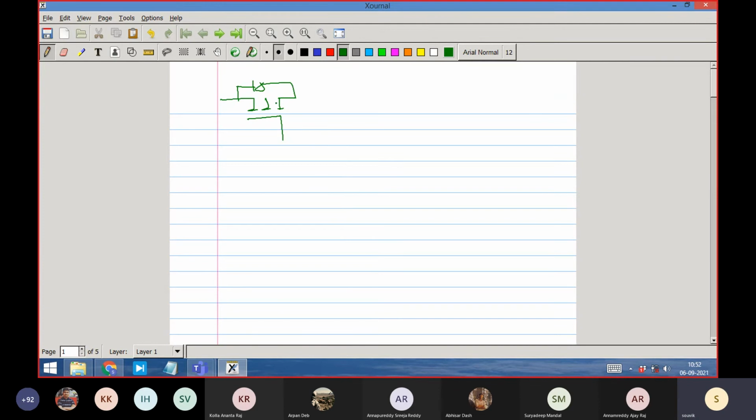So therefore we can choose a MOSFET. This diode I am drawing is actually an anti-parallel diode. This is the drain, this is the source, and this is the gate. You already know the terminals. The control signal, or the gate signal, is applied here, gate to source. If you give a positive value greater than the threshold, it will turn on, and less than the threshold it will turn off.